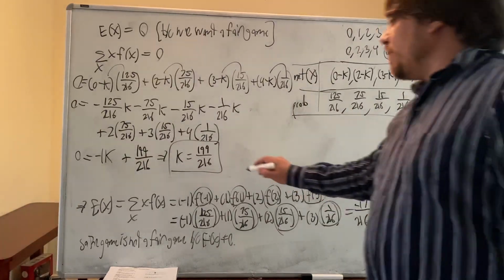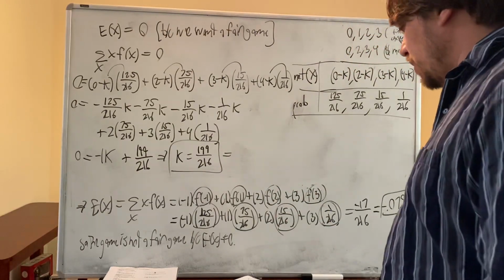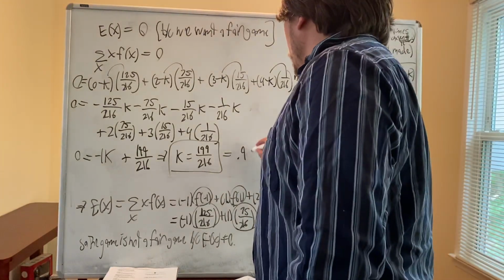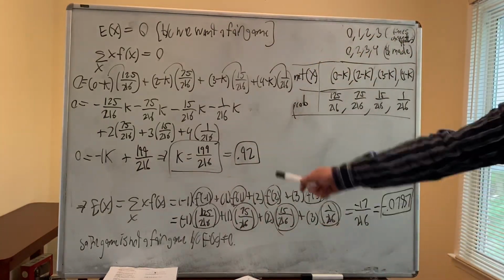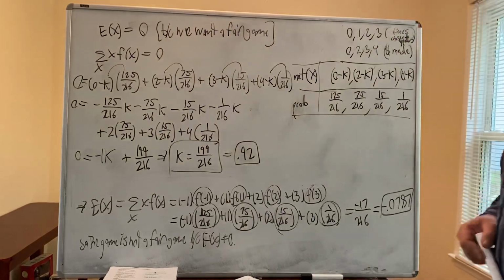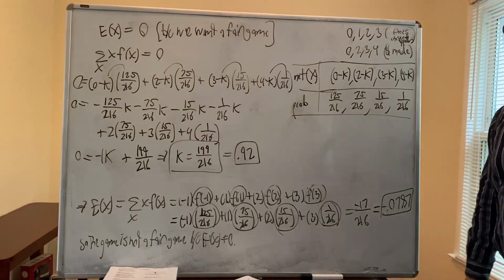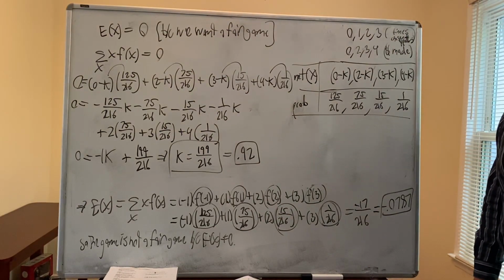As a decimal, 199 over 216 is approximately 0.92. So if k equals 0.92, then the expected value is 0 and we have a fair game. And so we want the fee to be 92 cents.